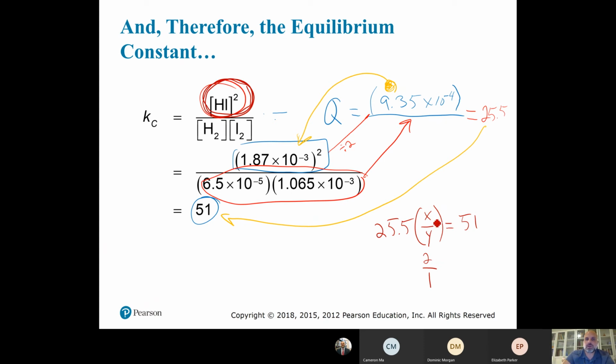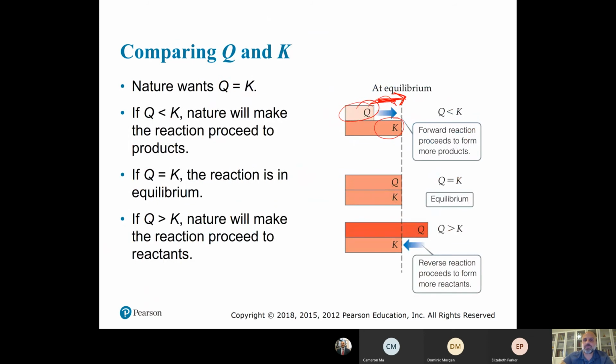The numerator is related to the product, because our equilibrium constant is always products over reactants. So whenever we have a reaction quotient Q that's smaller than the equilibrium constant, we're driven towards products. Conversely, if Q is greater than K, then we're going to go in the opposite direction.